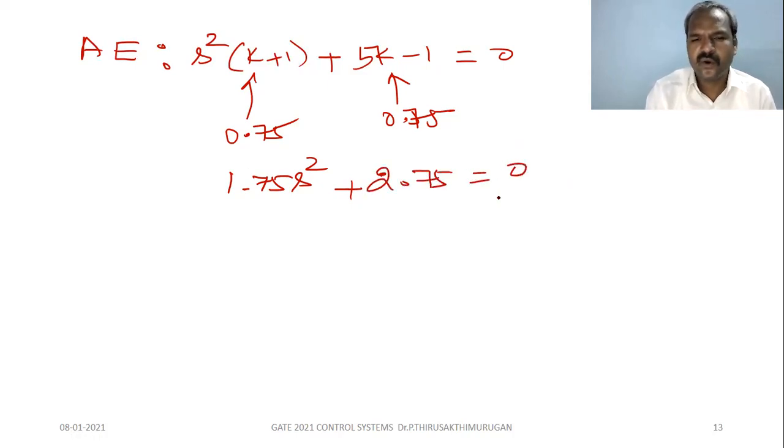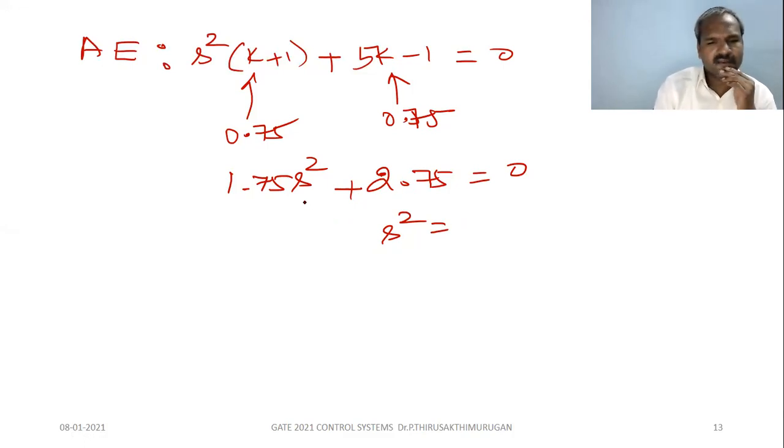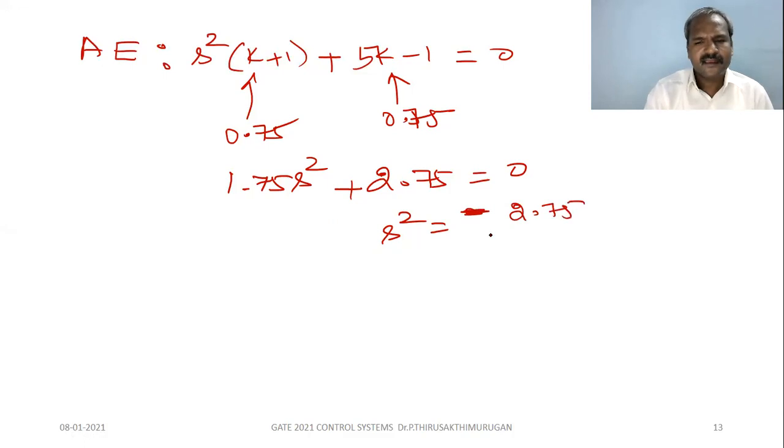2.75 equal to 0. So 1.75 s square equal to, s square equal to 2.75 divided by 1.75, then root, right?